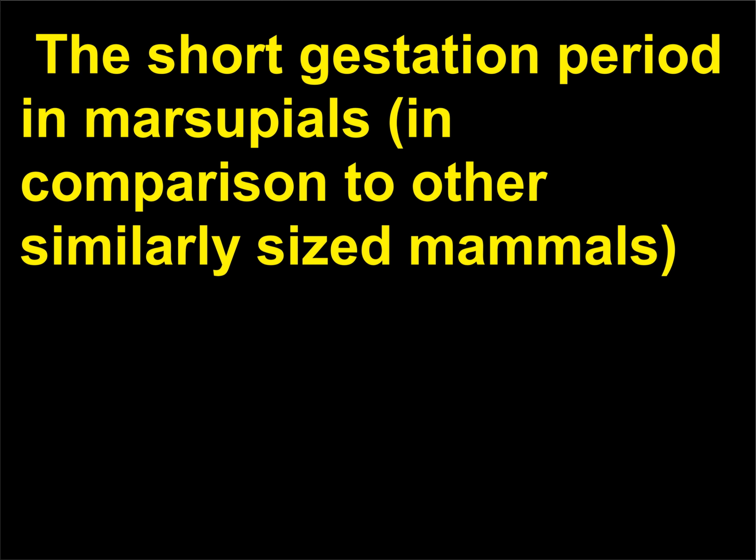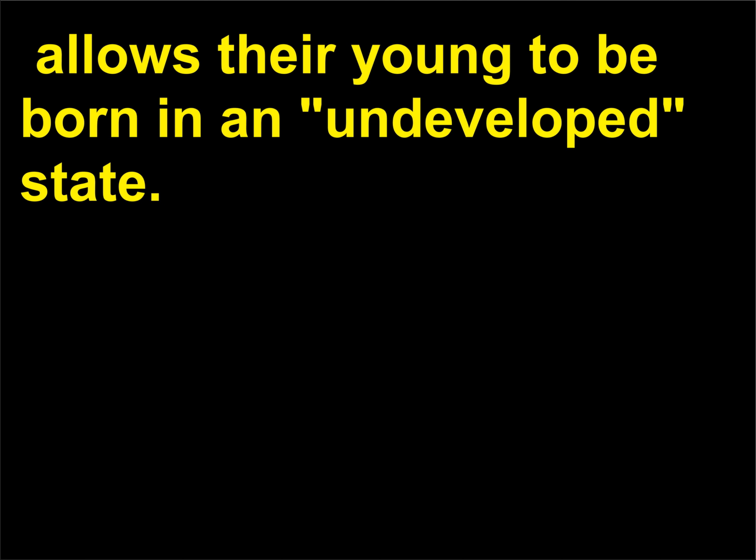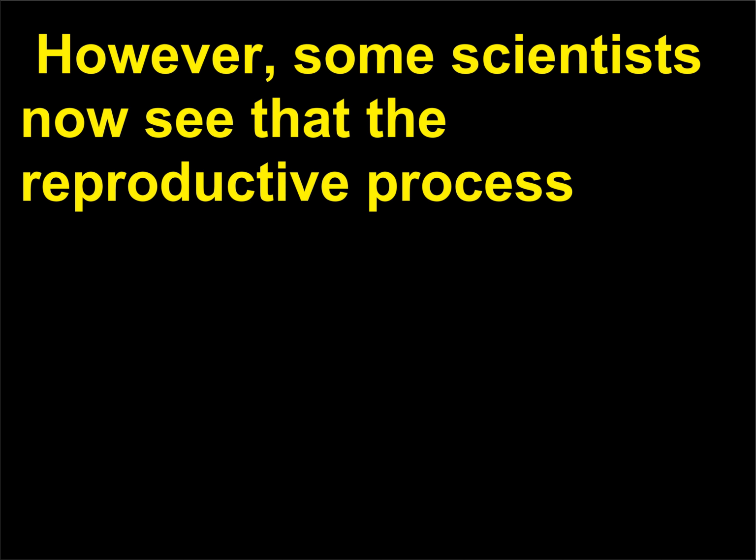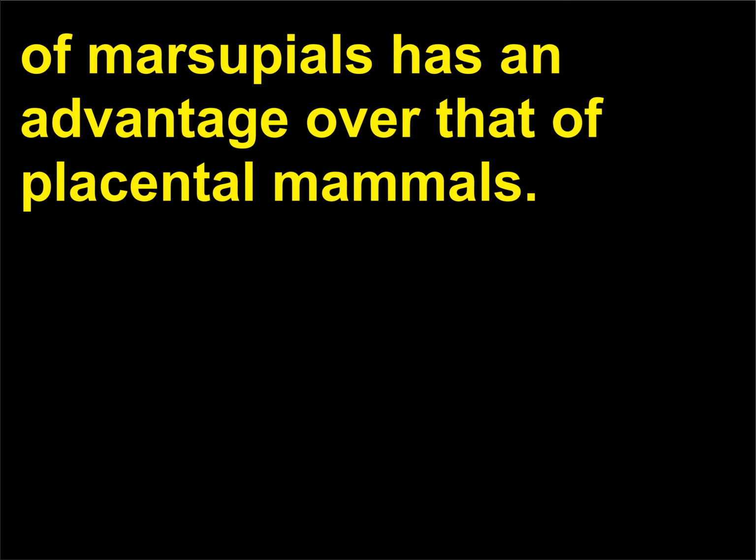The short gestation period in marsupials, in comparison to other similarly sized mammals, allows their young to be born in an undeveloped state. Consequently, these animals have been viewed as primitive or second-class mammals. However, some scientists now see that the reproductive process of marsupials has an advantage over that of placental mammals.